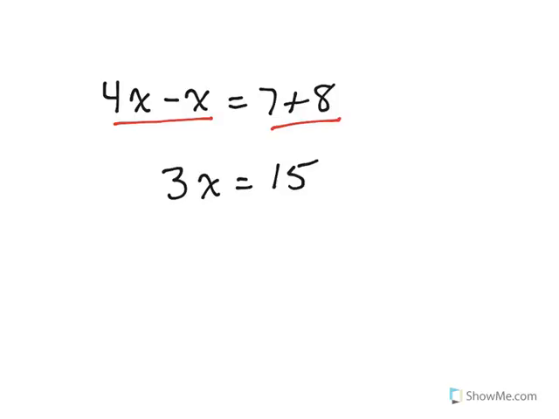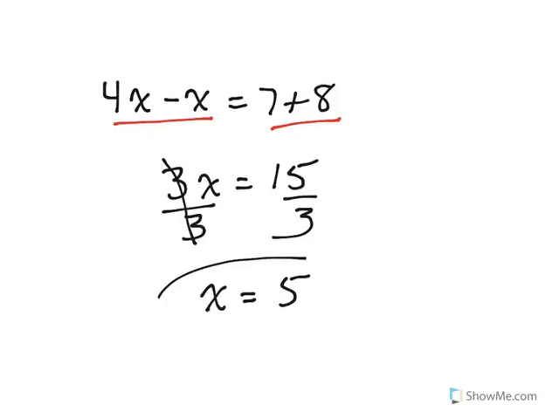So now we have 3x equals 15. Once you have all your like terms combined, we can now go about solving for x by dividing both sides of the equal sign by 3. The 3's cancel out, leaving x by itself, and 15 divided by 3 is 5. x equals 5.